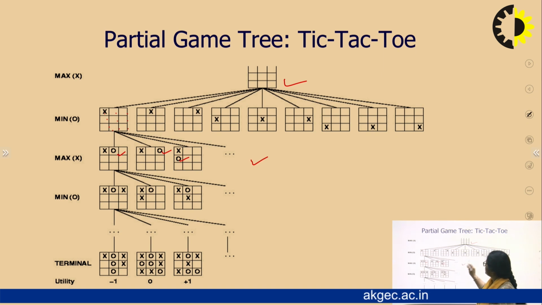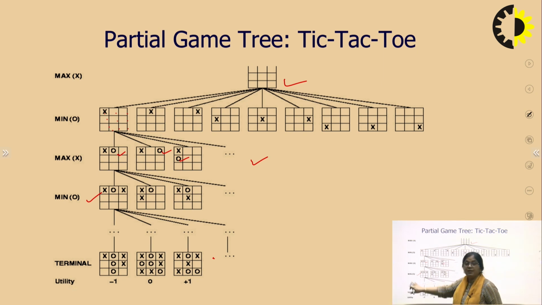Now the turn will go to Max. Now 2 cells have already been used, so Max will have 7 options to put a cross. Then Min will have 6 options to put O, and so on.